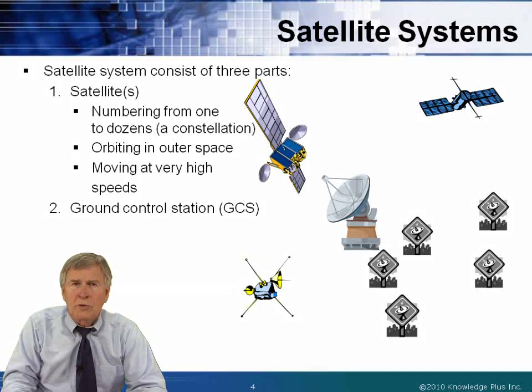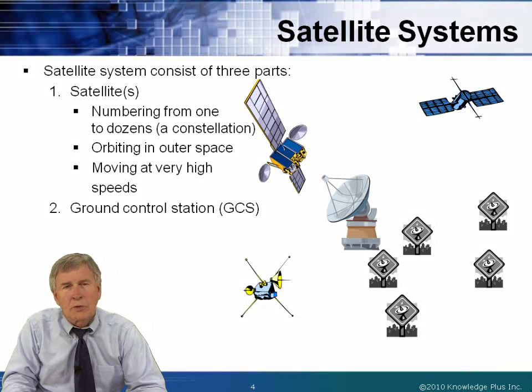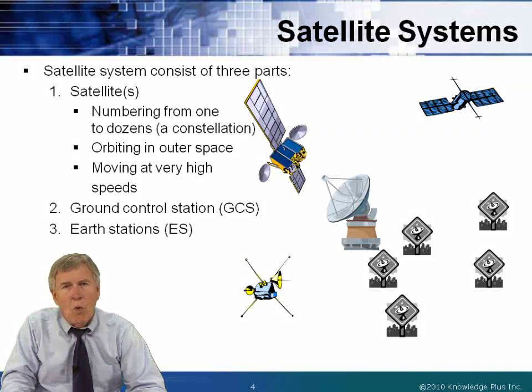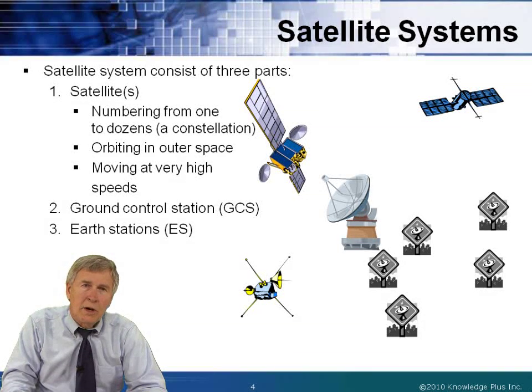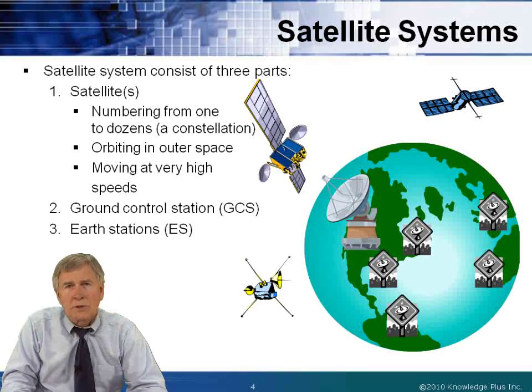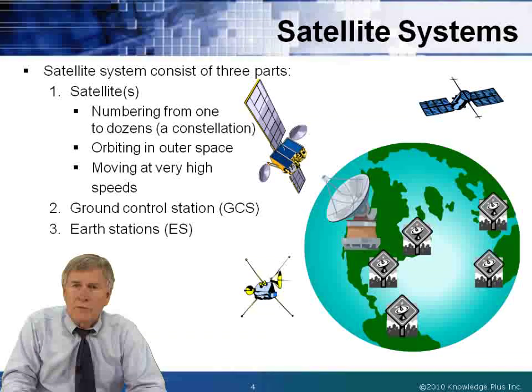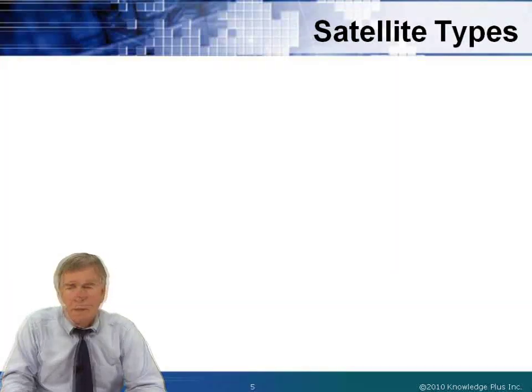We have a ground control system, or ground control station, and then one or many, a multitude of Earth stations. So this is what we'll see: a group of satellites that can be communicated with from a ground control station, and then the satellites relaying information down to the Earth stations.